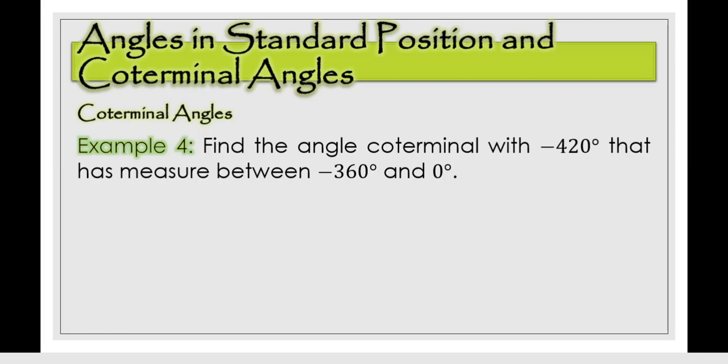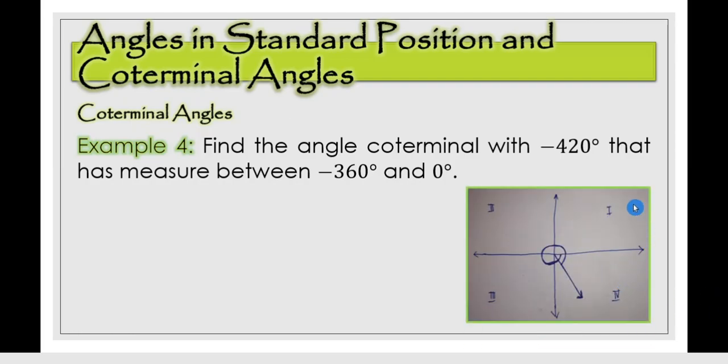Find the angle coterminal with negative 420 degrees that has measure between negative 360 degrees and 0 degrees. So, by using this illustration, we can say that yung negative 420 degrees ay nasa 4th quadrant.